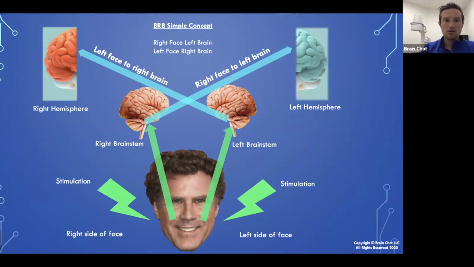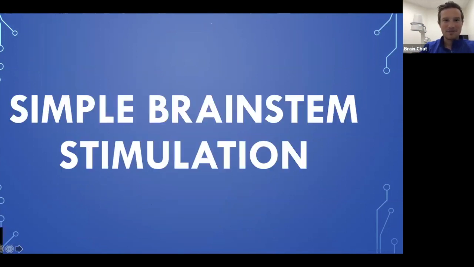So as a general rule, when we do some sort of stimulation to the face, it's going to affect that same side brainstem, and then it's going to go over to the opposite side brain. So you're getting information, again, that crosses over just in different areas of the body. So today we'll work a little bit on Will Ferrell and some other celebrities.